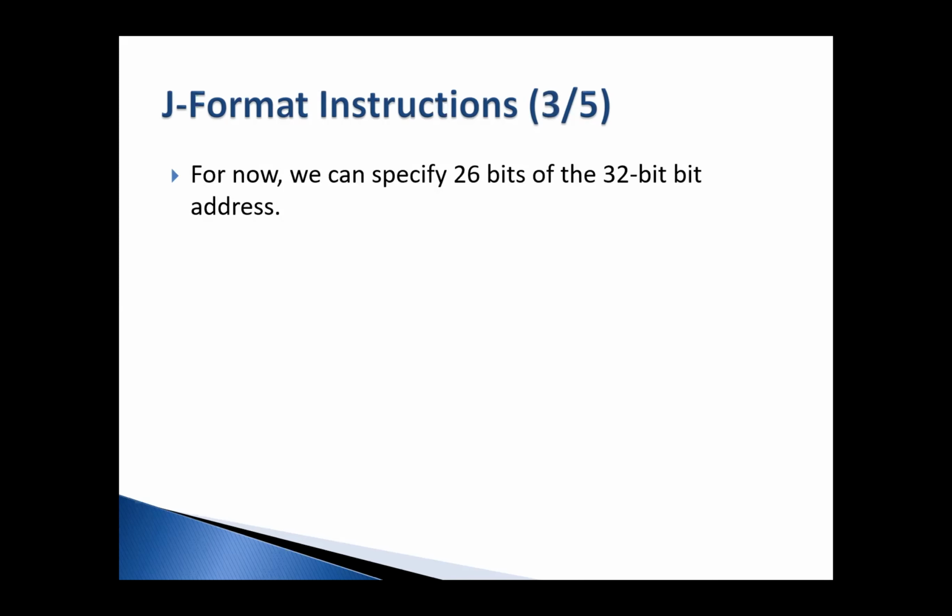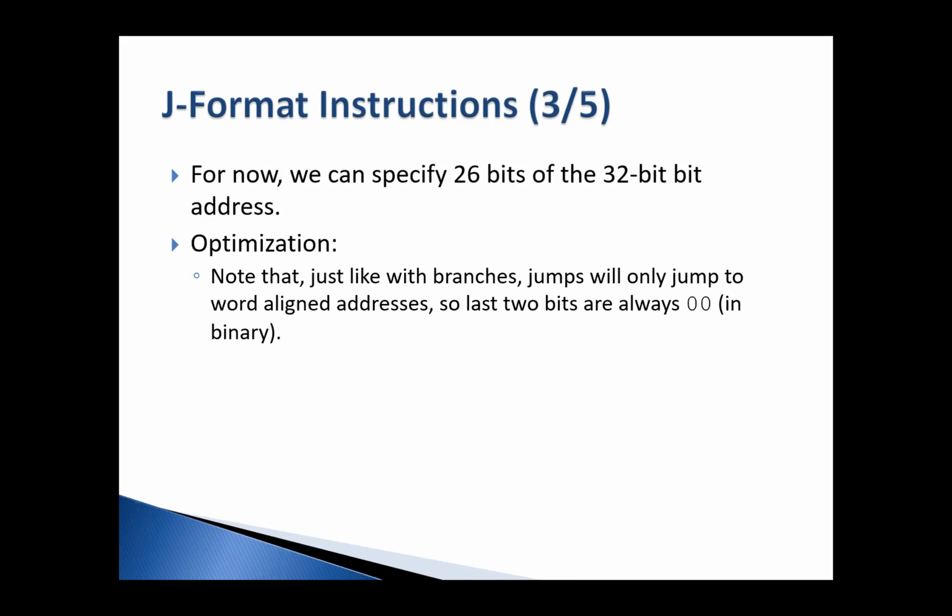Okay, so now the question is, how can we specify a 32-bit address in 26 bits? We just cannot, because this is beyond physics, right? But what kind of information do we know? As we described in branch, each instruction is one word, which means that the address of each instruction should end with 2 zeros.